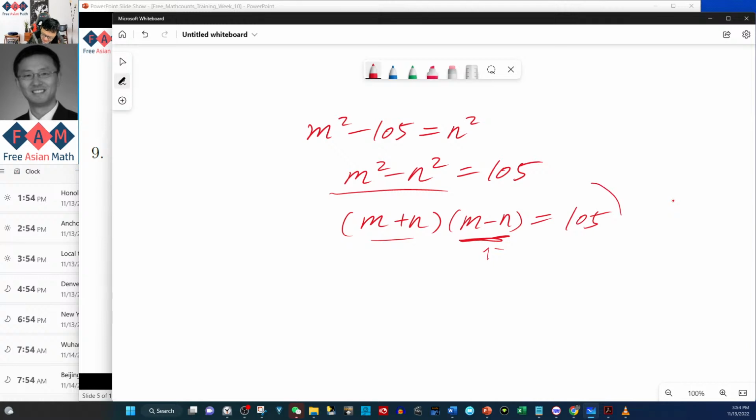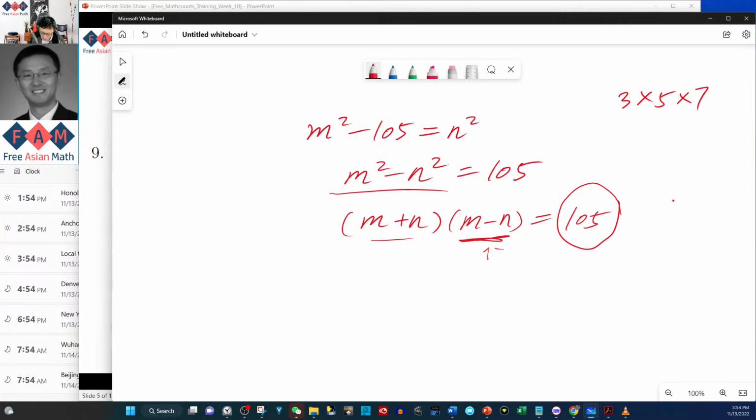So that means that we just need to figure out all the possible decompositions of 105 into the product of two positive integers, right? We don't need to do complete factorization of 105. If we do it, that's not difficult. Actually, it's very straightforward. 105 is just 3 times 5 times 7.